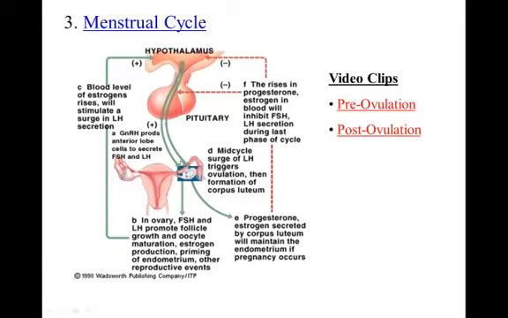It tells the ovaries it is now time to mature a follicle. Without that message, the follicles don't mature. With the message, FSH, follicle stimulating hormone, gets the follicles going and triggers that event inside the ovary.